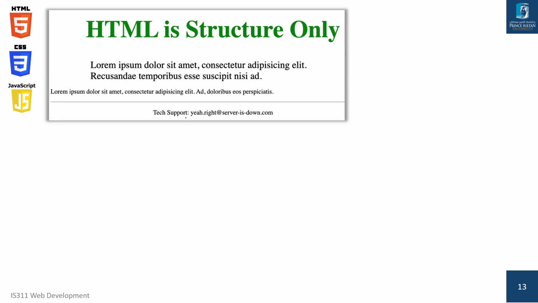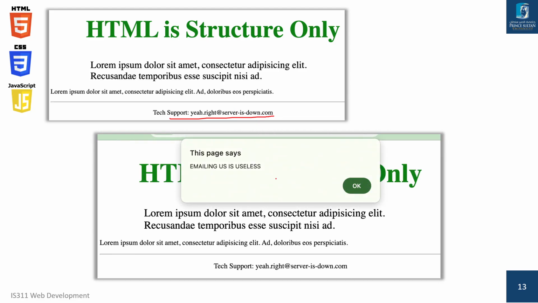If you look at the last paragraph, the footer, again the text is center aligned. And when we click on this part of the text, it shows an alert on top of the page. Then we click OK, it will disappear. So we have implemented this.